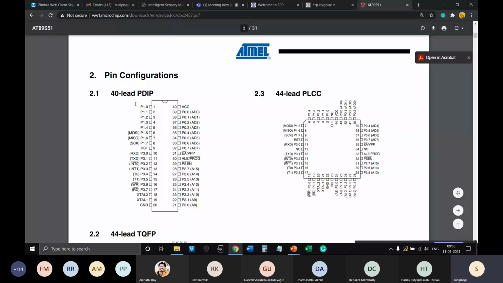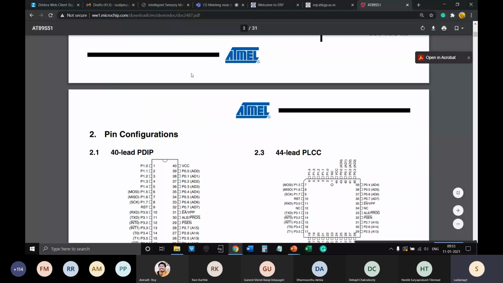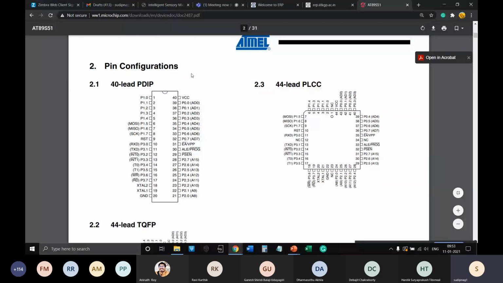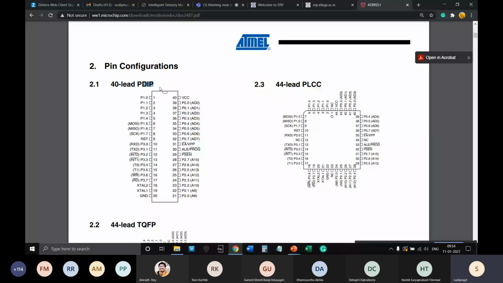Now you can see 8051 or 89S51. Here, S51 is a 40 pin DIP chip. DIP means dual inline package; VLSI engineering will tell you more about this. P means plastic, so this is plastic dual inline packaging.